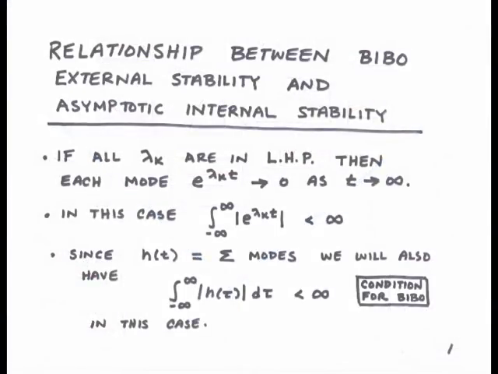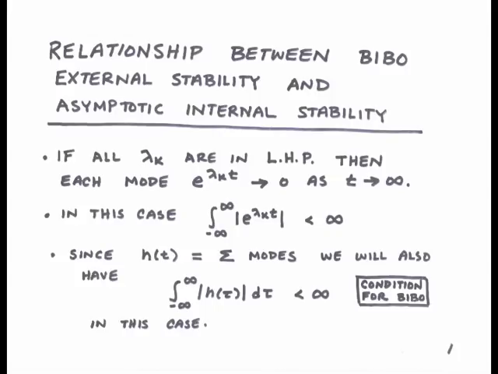If we have asymptotic stability, we know all the characteristic values are in the left half plane. And in this case, each mode, e to the lambda_k t, will go to 0 as time goes to infinity. Furthermore, we can show that the integral from minus infinity to infinity of the absolute value of e to the lambda_k t will also be bounded.